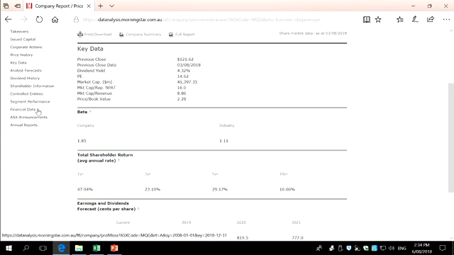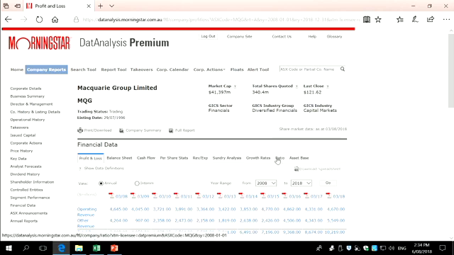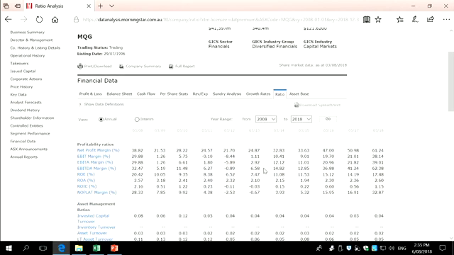If we look at the financial data, especially ratios, we just focus on the performance ratios like the EBITDA margin. Sometimes it's negative, 2%, 12%, sometimes 21%, 39%.